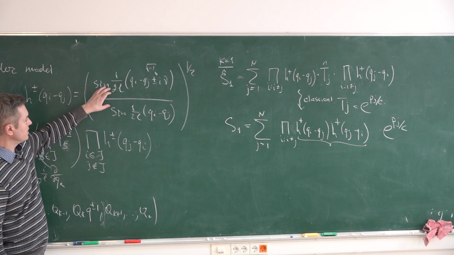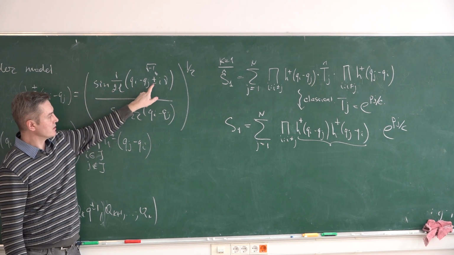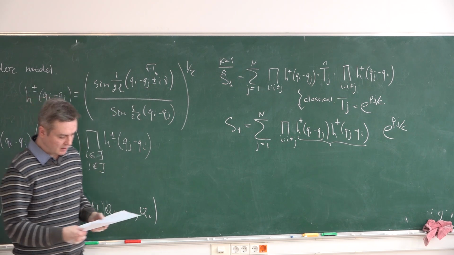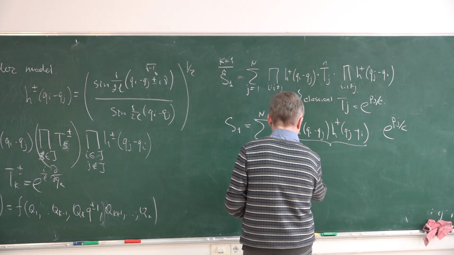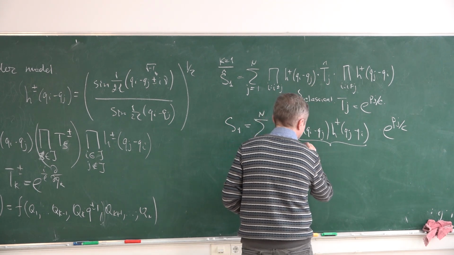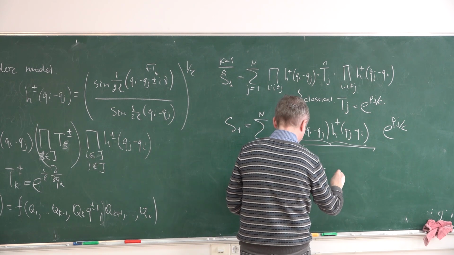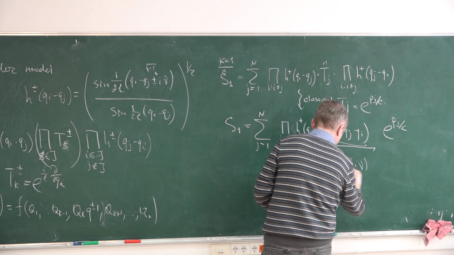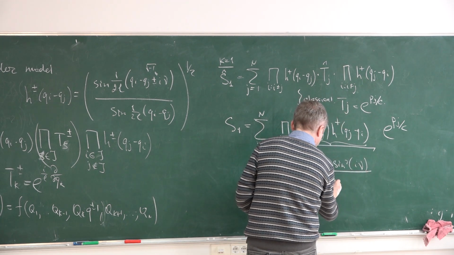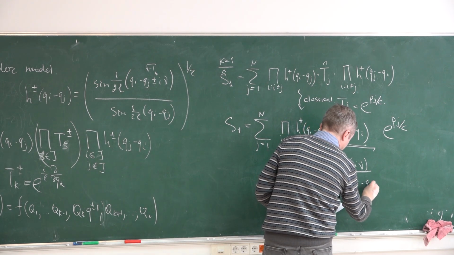We just multiply this expression by the same expression where the sign is changed, and you will see that this expression is in fact the square root of 1 minus sine squared i mu divided by sine squared qi minus qj.